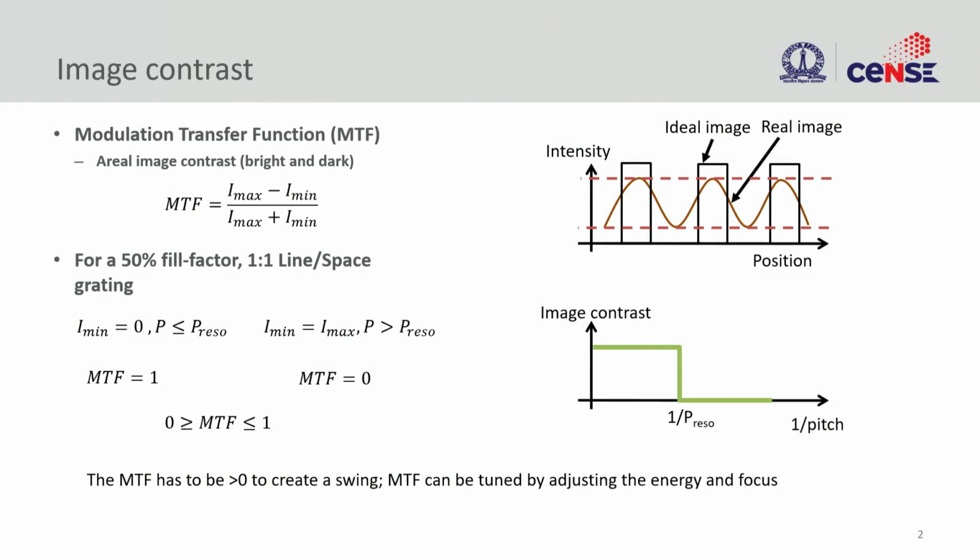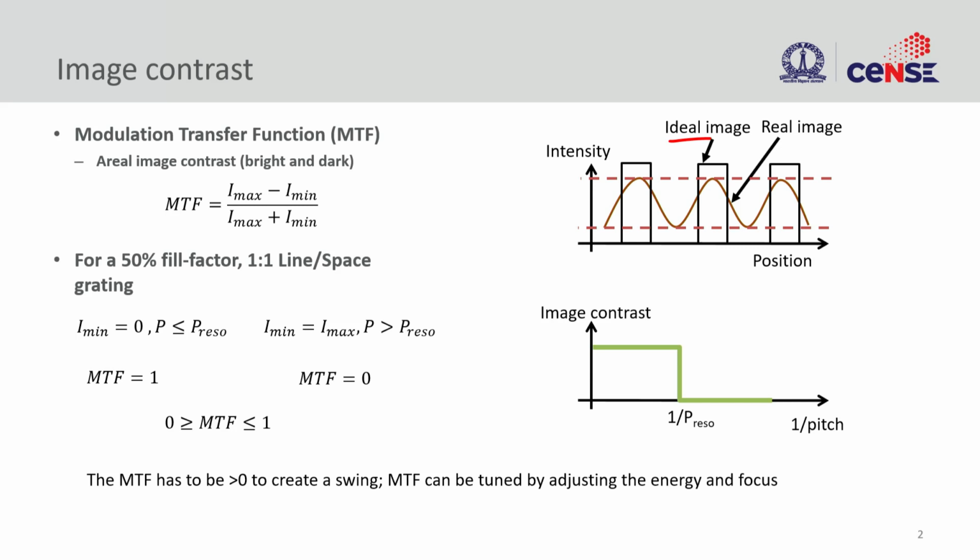So, the image contrast on the photoresist is what brings out the solubility change that we are expecting to create in this photoresist, right. So, an ideal image should have a step-like function, because this is, let us say, a grating, and you want to reproduce that grating image.